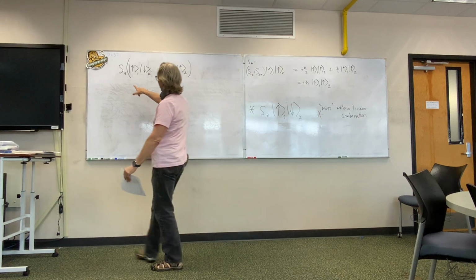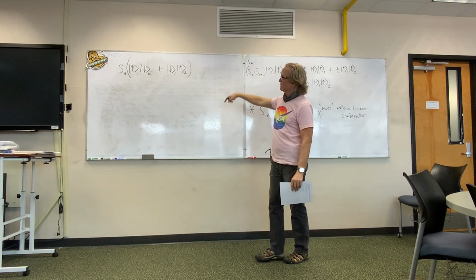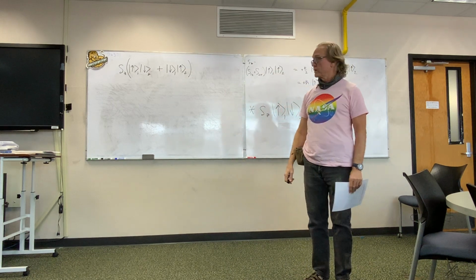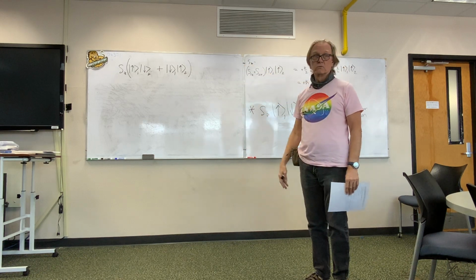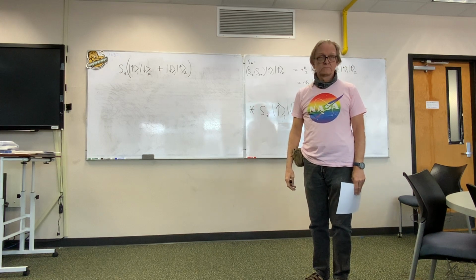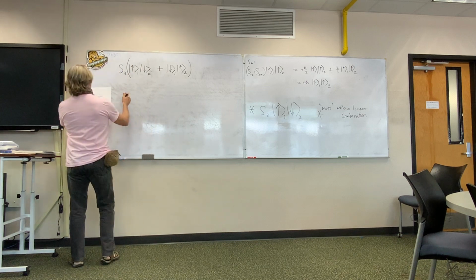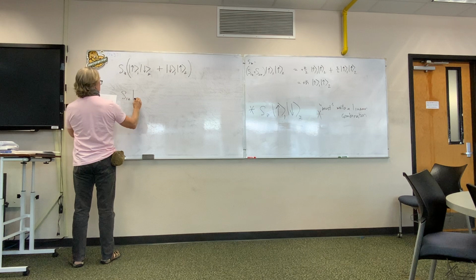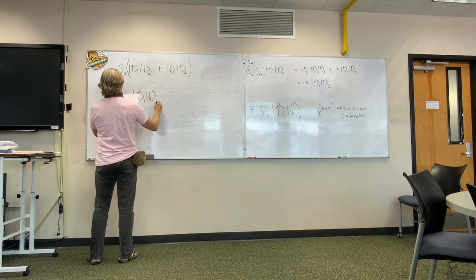But this has two operators, right? S1 and S2. So when I do that, how many products do I have? S1Z plus S2Z onto this combination of up-down plus down-up. Well, that's just FOIL, right? All you gotta do is FOIL it, but you gotta be careful about what's foiling what. So I will have S1Z onto up 1, down 2.